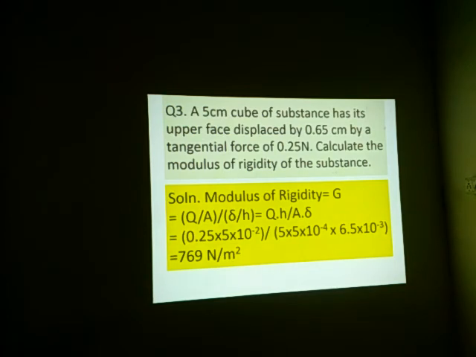Now putting all the values here, the Q is given 0.25 Newton multiplied by H, that is given here 5 centimeter, that is 5 into 10 to the minus 2 meter, divided by A, since it is a cube, its area is 5 into 5 into 10 to the minus 4 meter square, into delta, the displacement in the direction of shear force is 0.65 centimeter, that becomes 6.5 into 10 to the minus 3 meter, and if you calculate this, it becomes 769 Newton per meter square.